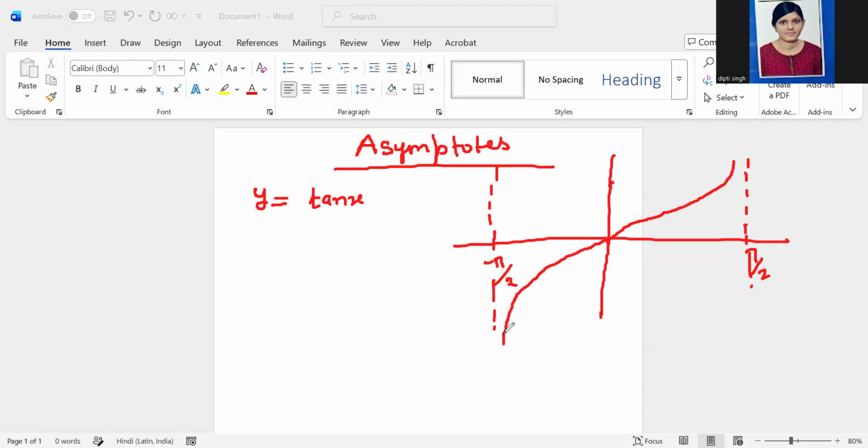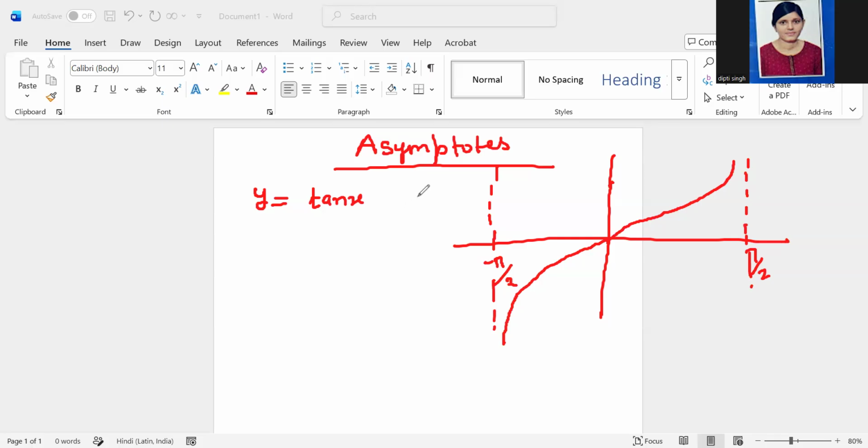So this line approaches the curve but never meets it. Because we know that at pi by 2, the value of tan pi by 2 is infinite, and at minus pi by 2, it goes to minus infinity. So they never touch.